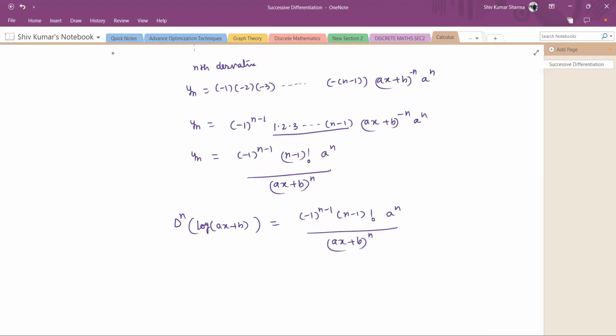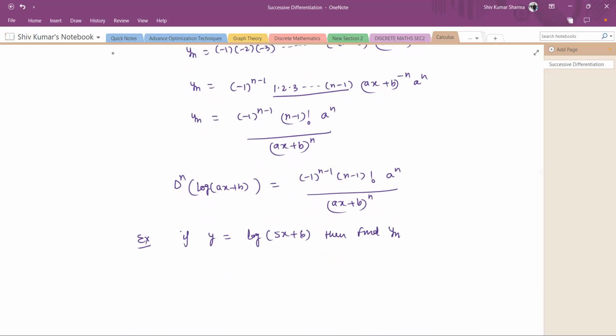Then we can take an example. How do we apply this? Suppose we have the function y is equal to log 5x plus 6, then find yn. We use the formula directly.